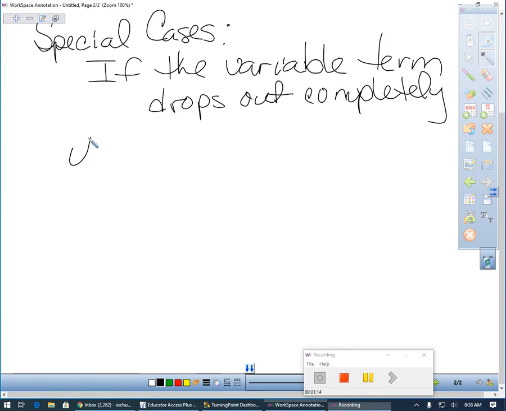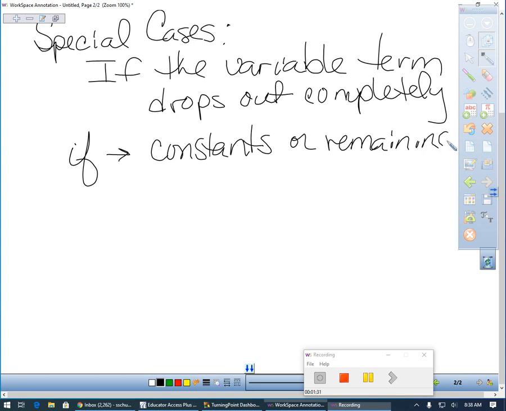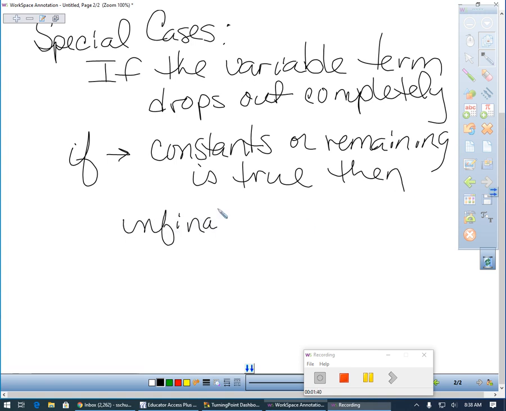If what's left, my constants or my numbers, is true, then we're going to call this infinitely many solutions.